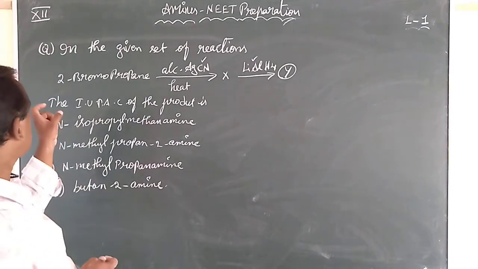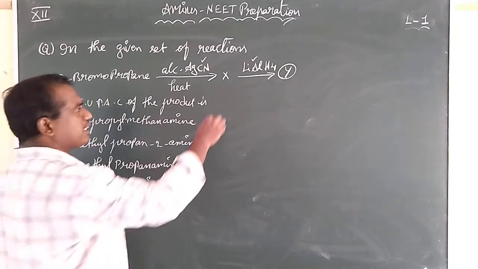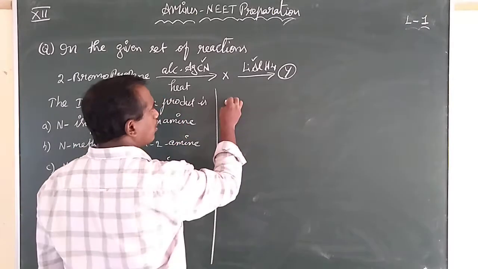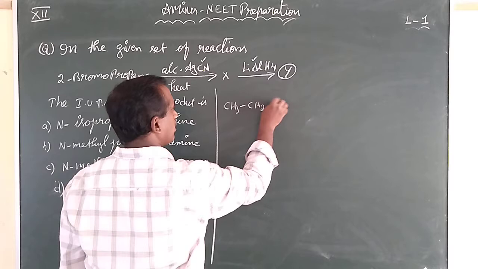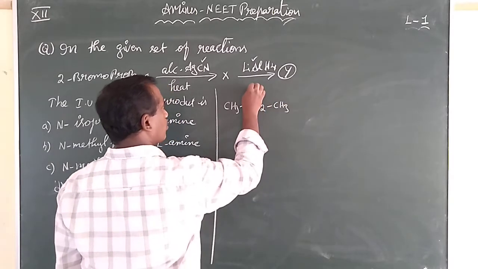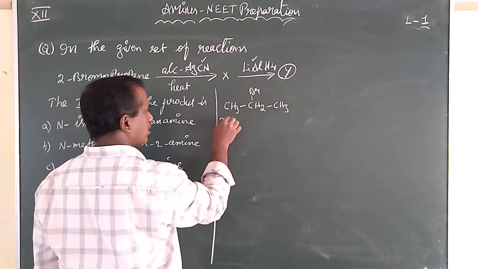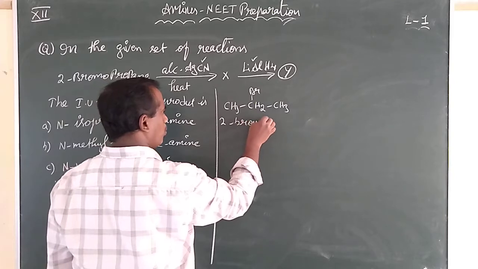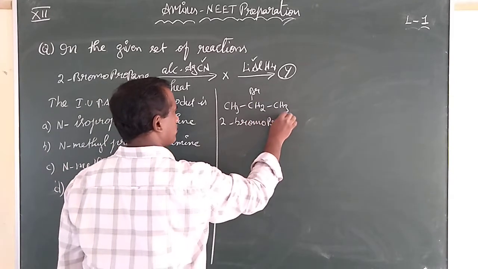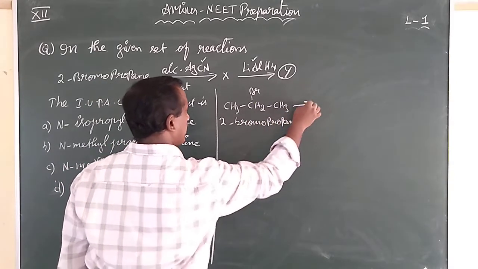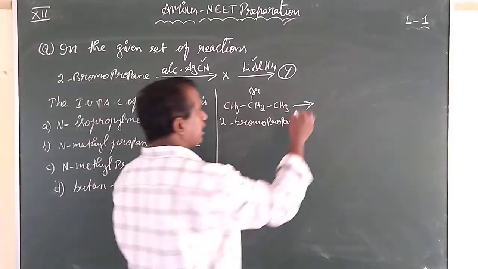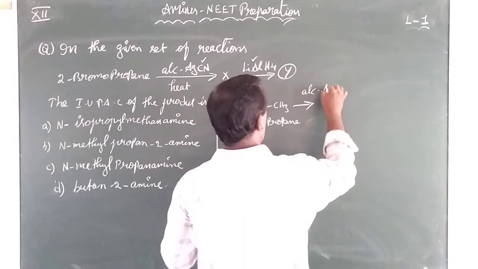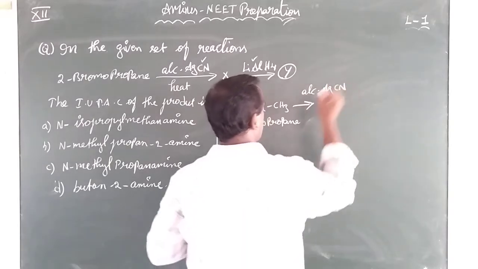So let us see here 2 bromopropane. Let us write this in the form of an equation, children. This is called 2 bromopropane. After writing it, what is the first reagent you are using? Alcoholic silver cyanide.